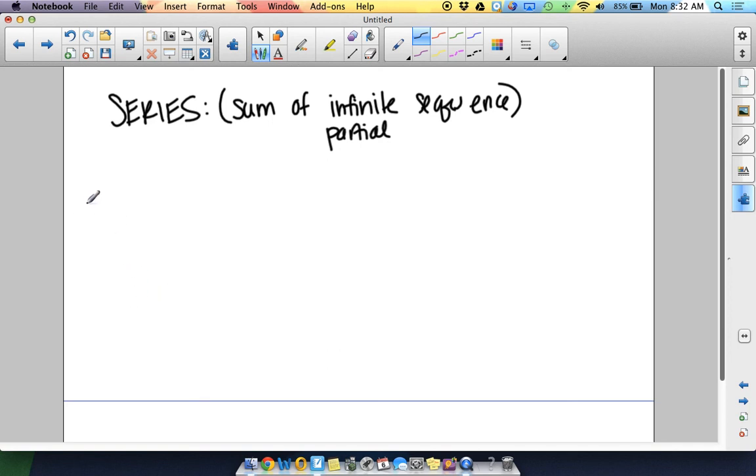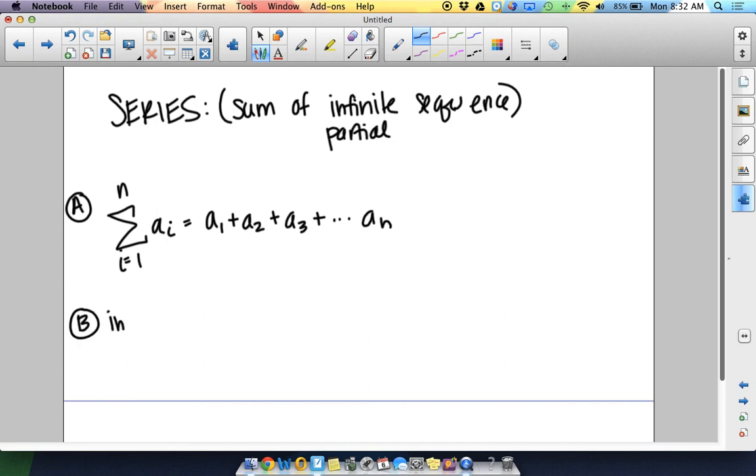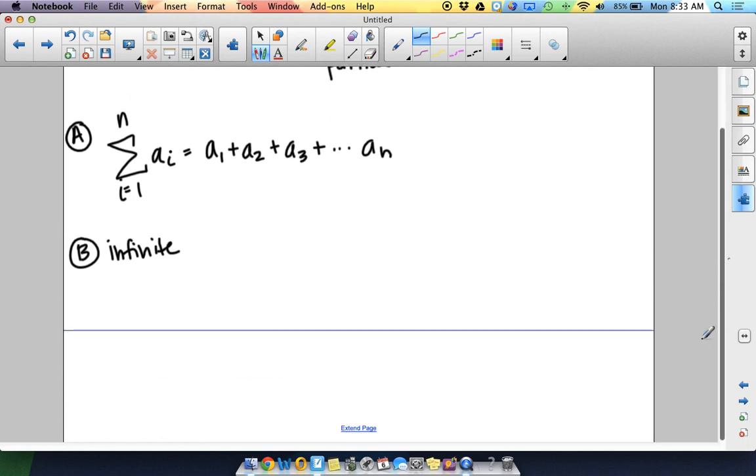So if it's partial, that's like what we just did. The sum from i equals 1 to n of a sub i is a sub 1 plus a sub 2 plus a sub 3, going all the way to a sub n. That's a partial. There is an infinite one. It only works in special situations.